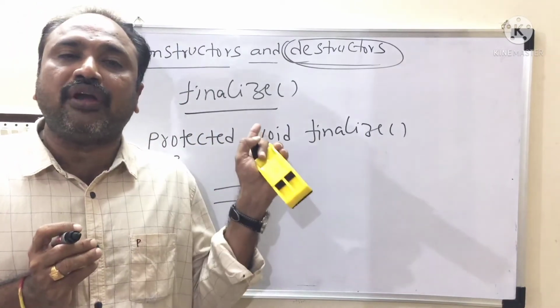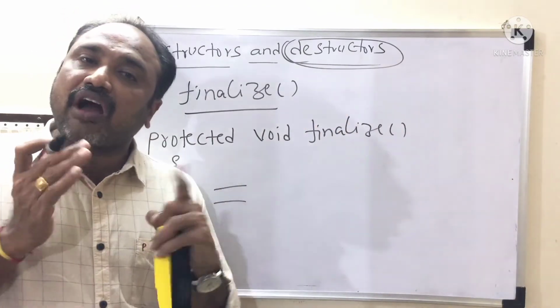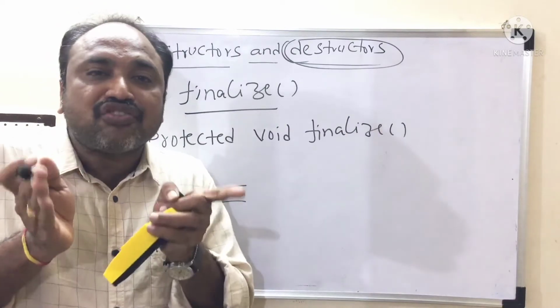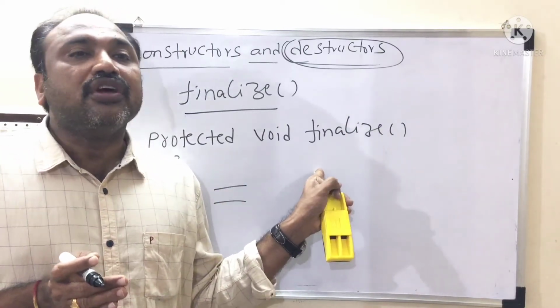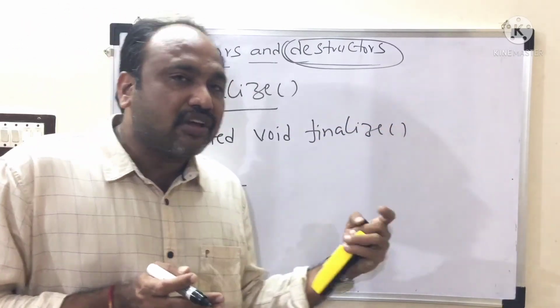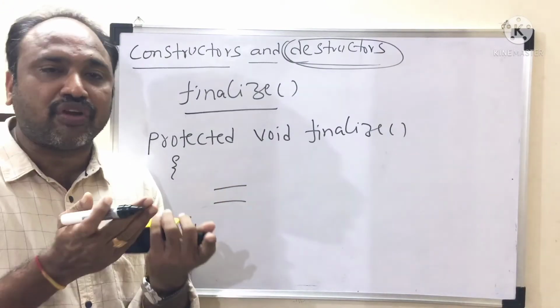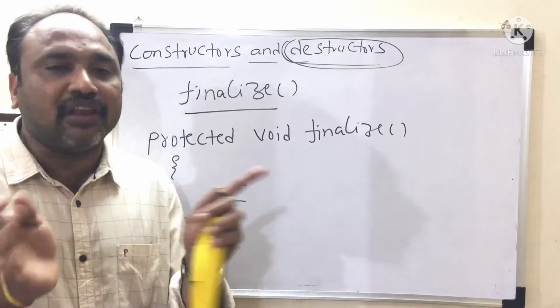Suppose my Java object is going to interact with the database. It has to allocate some resource to the database. After accessing the database, we have to close this connection. Then whatever resource was allocated by the system will be released.